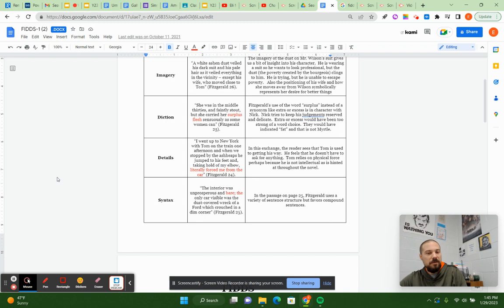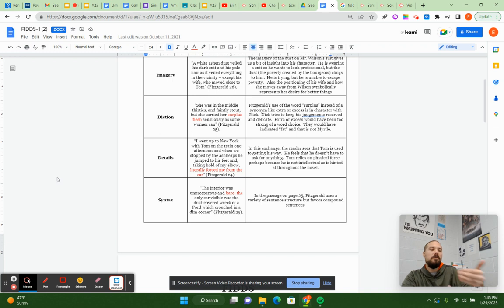The only car visible was a dust-covered wreck of a Ford. So the syntax matters. These two ideas are linked together, and that second clause builds off the first one. The first one's more general, the second one's more specific. And so that semicolon is doing a lot in that sentence.